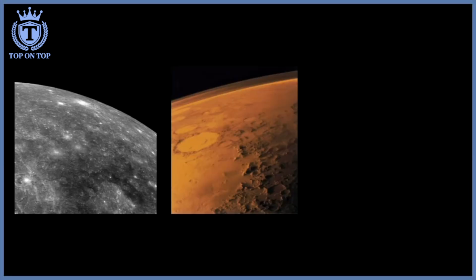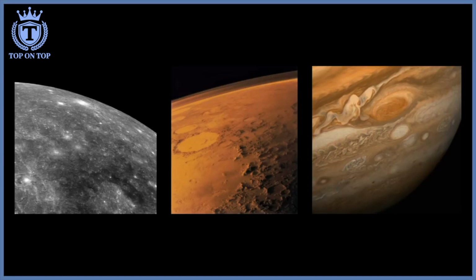So it doesn't quite matter if you're on the surface of Mercury, the surface of Mars, or the clouds of Jupiter. Gravity basically determines the size, the mass, and density of all the planets and our Sun. It also seems to figure out the formation of our solar system and the orbits of the planets.